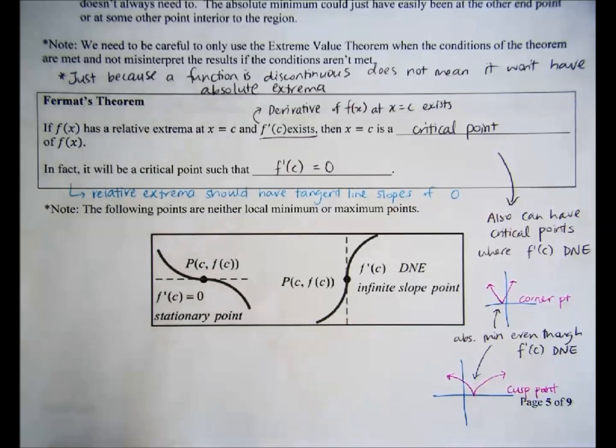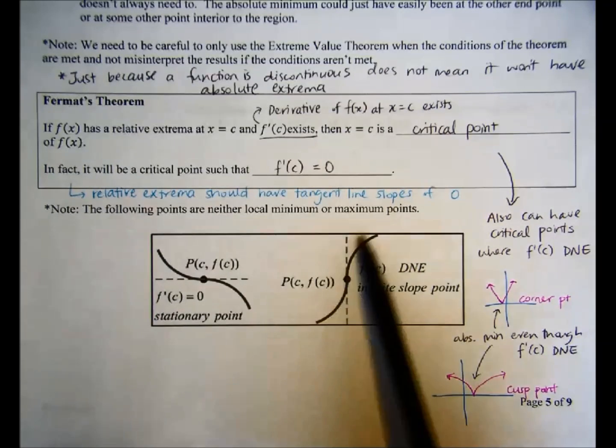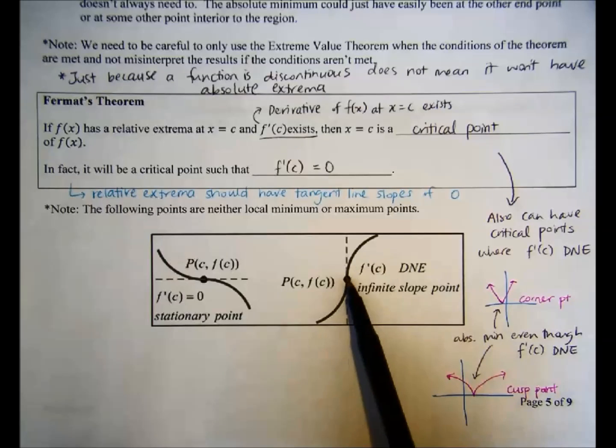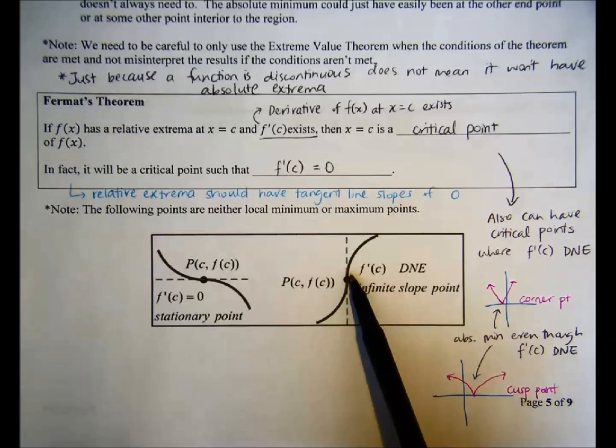Okay? But that doesn't always necessarily mean that every f prime of c does not exist will lead to a critical point. As you can see in this example, for an infinite slope point, the derivative will not exist at this value of x equals c, but it's not considered to be a critical point. You can see that it's not a relative maximum or minimum. Okay?